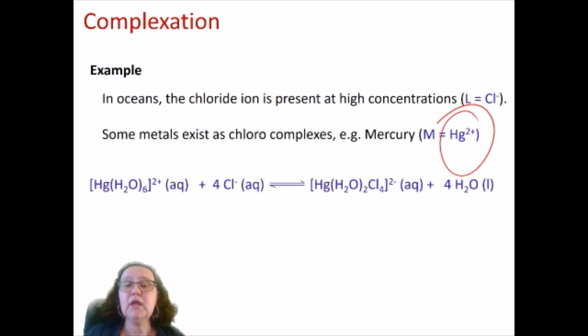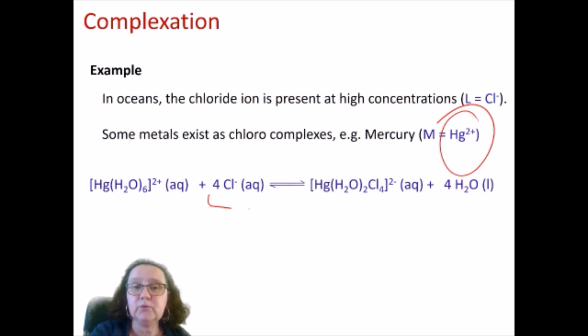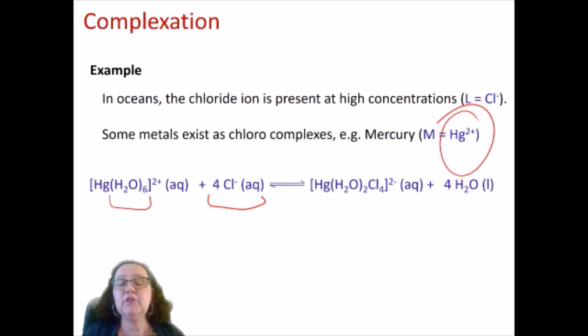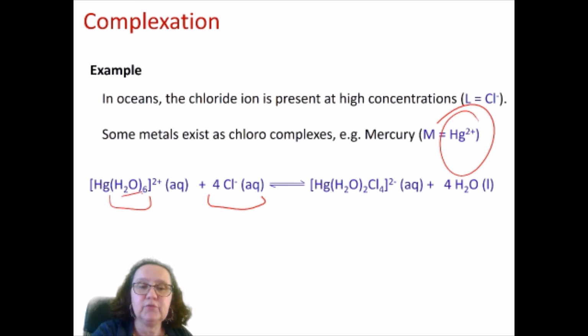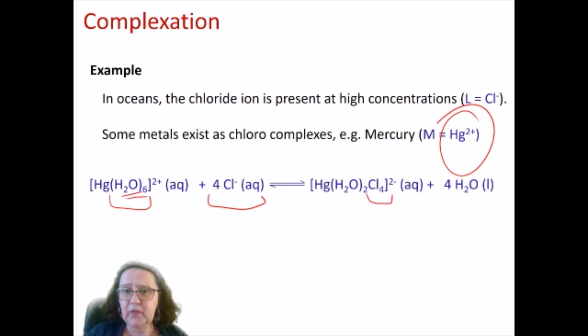So if you have mercury dissolved in salty water, instead of being in solution with just 6 molecules of water, it will react to acquire chloride ions. Some of those molecules of water will be displaced by chloride ions, and you will form a new complex. You will still have your mercury dissolved in water, but in a different form.